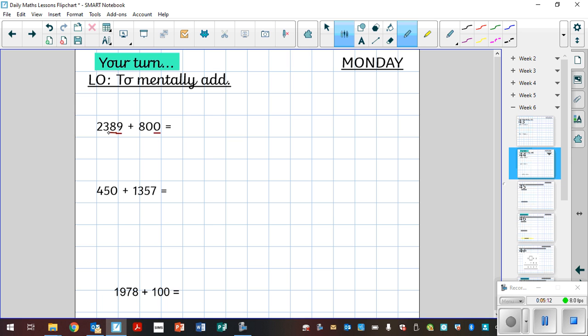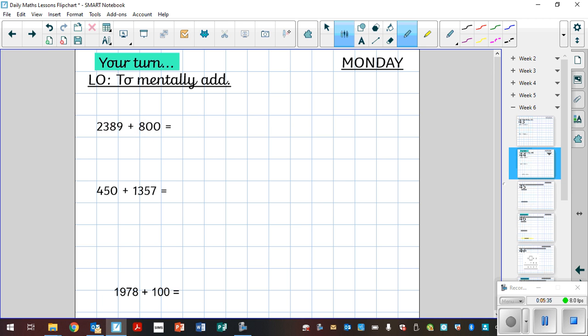You may have looked at the tens column and thought, that's going to be 8 in the tens column. And then you're looking at the hundreds column. You know 800 plus 300 is 1,100, plus another 2,000 is 3,189. Great thing with maths, children, is we can use different methods to work out the answer.